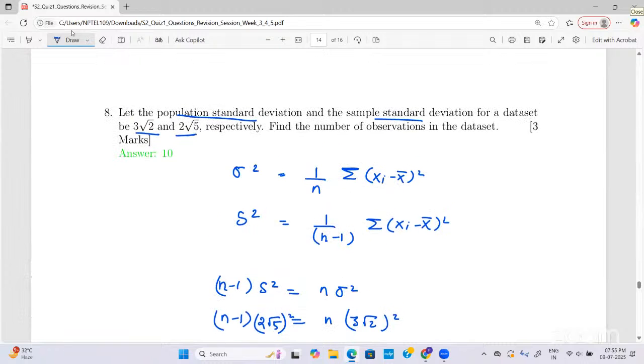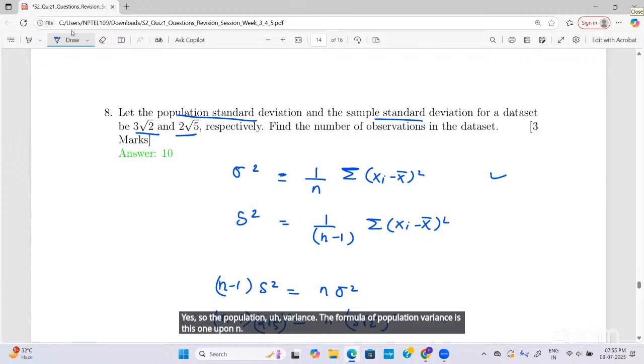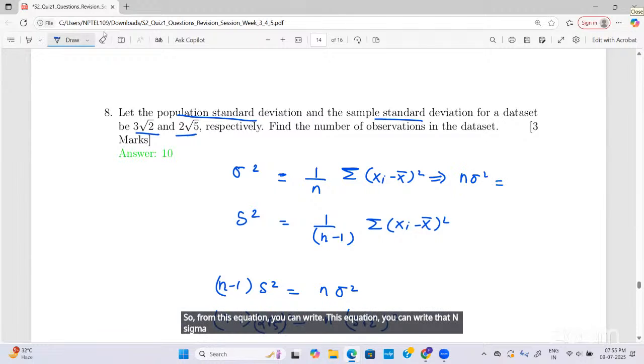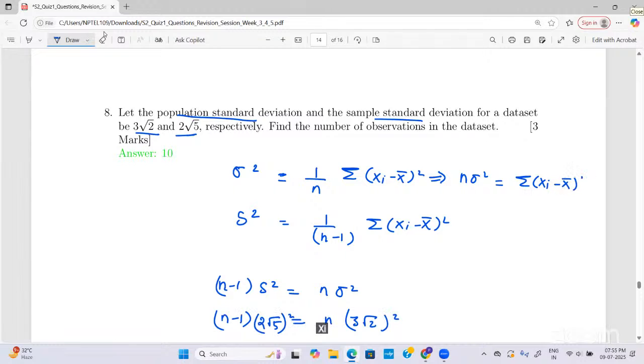Yes. So the formula of population variance is 1 upon n summation of xi minus x bar whole square, right? And for sample variance, we have to divide by n minus 1. This is the only difference. So from this equation, you can write that n sigma square is equal to summation of xi minus x bar whole square, right?